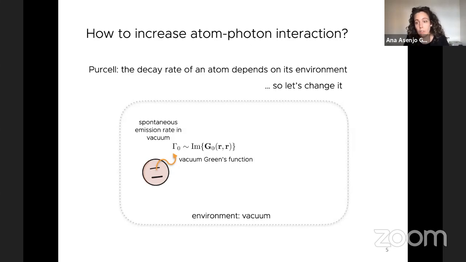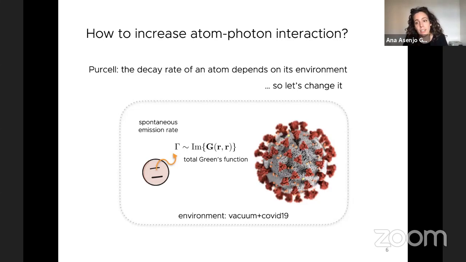This is the propagator of the electromagnetic field, and it is determined by the environment. This is fixed if we are in vacuum, but what happens when we put another structure next to the atom? For the sake of it, we can choose a COVID-19 virus and place it close to our atom. The atom will feel its presence via these optical modes, and it will change the decay rate. The change happens because the Green's function, the propagator of the electromagnetic field, has changed, okay?